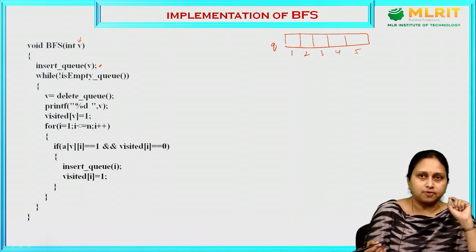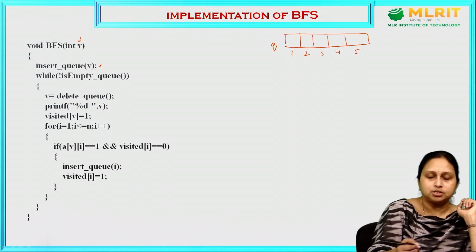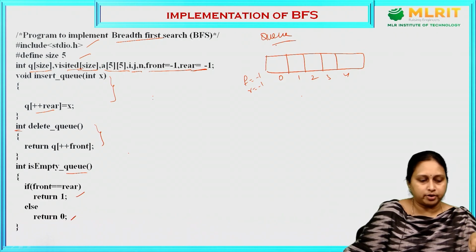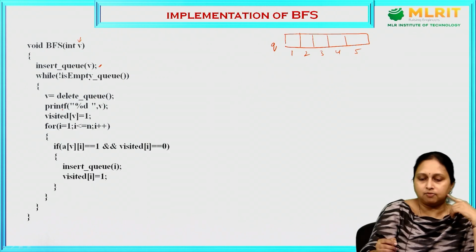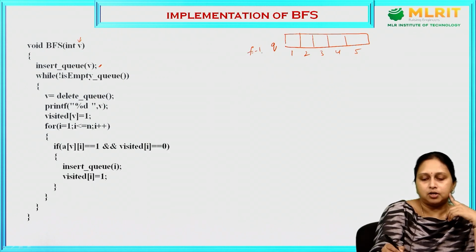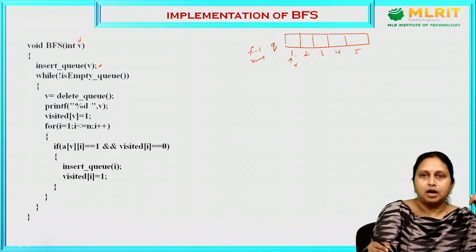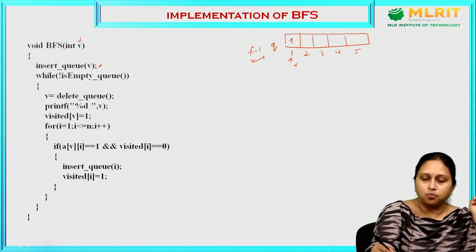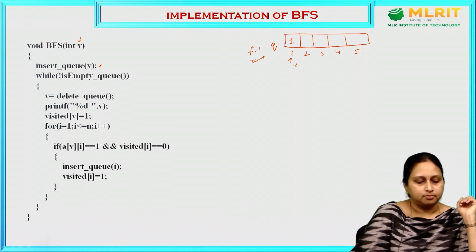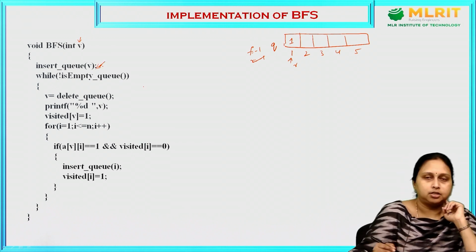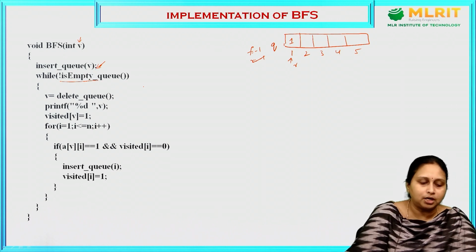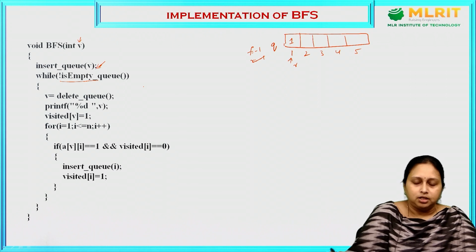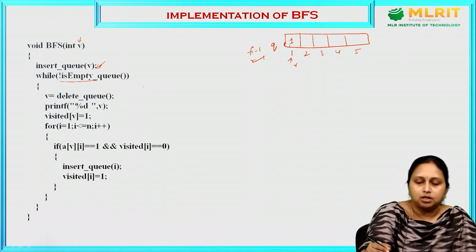The first value which is going to be passed into the queue is based on the function call, into V, by incrementing the rear value. Initially front equal to -1 and rear equal to -1. Now, rear will be incremented and we are going to insert the value 1 into Q by taking this statement. Now, it is going to check is empty, not is empty. Here you have an element, so it is not empty.